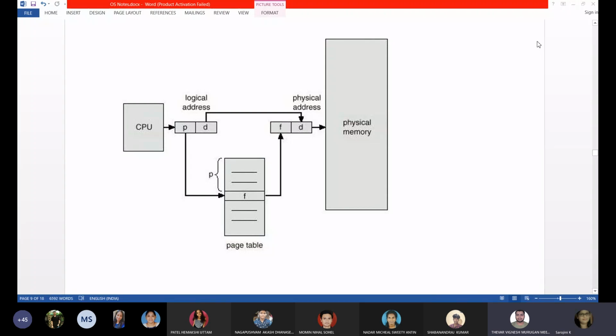That means the first partition and the continuation of the second partition will not be in the next address, and the continuation of that will not be in the next address. It will not be stored like this. The split programs, different segments, you will see in different places of main memory.